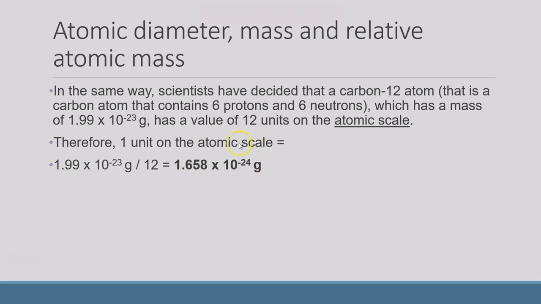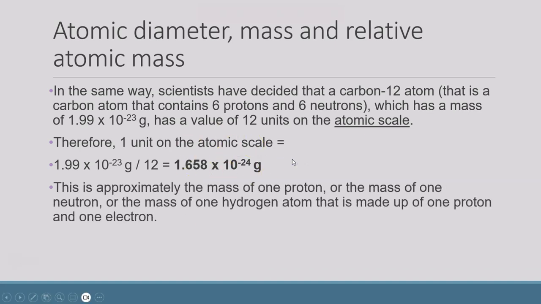So this value over here is approximately the same mass as 1 proton or the mass of 1 neutron. Protons and neutrons have the same mass. Now, because a hydrogen atom is made up of 1 proton in its nucleus and 1 electron in its orbitals, and it has no neutrons, and electrons are negligible in mass, then this is approximately the value of one hydrogen atom.